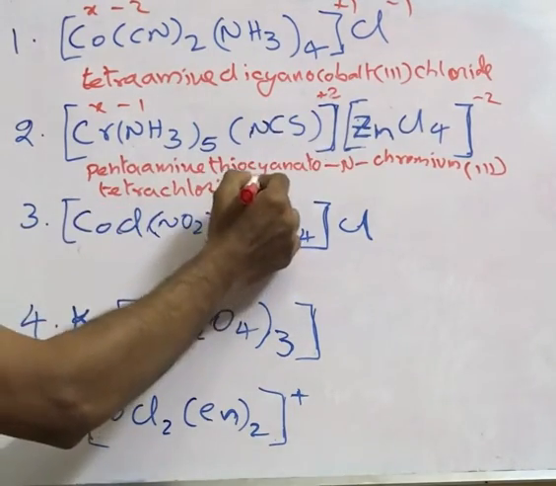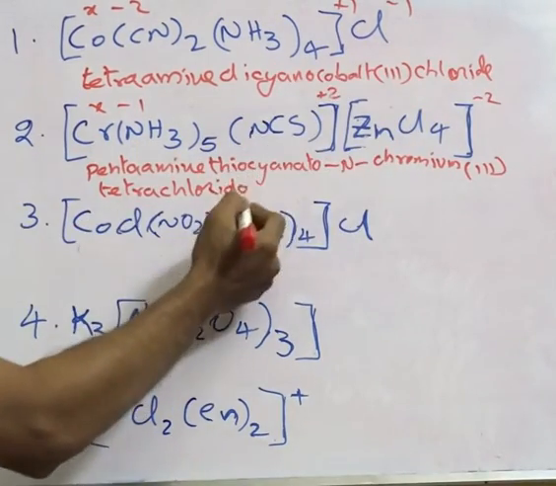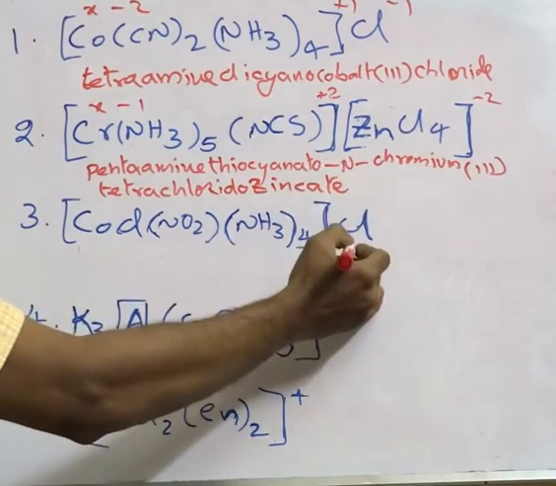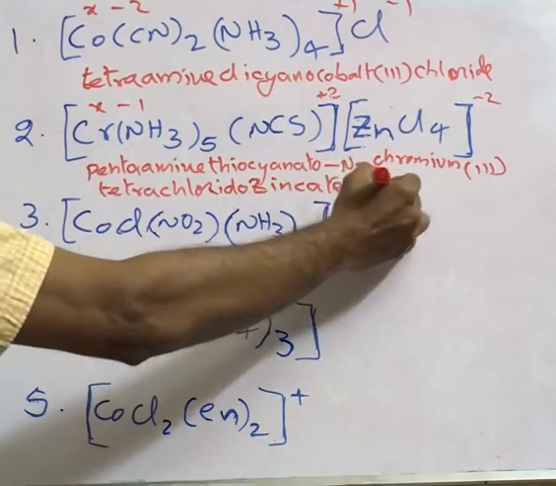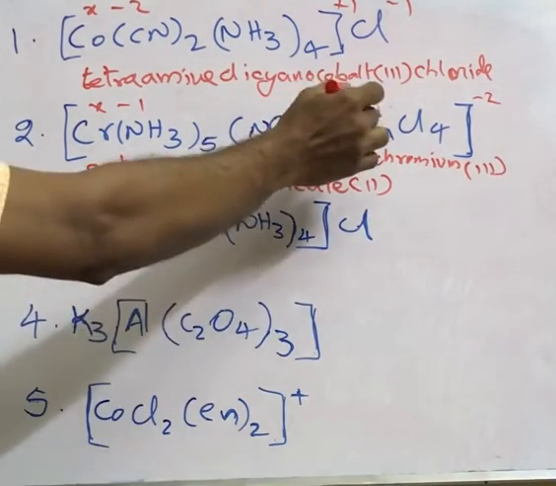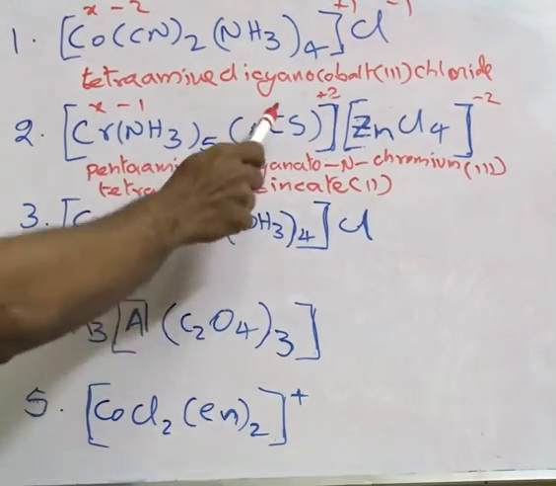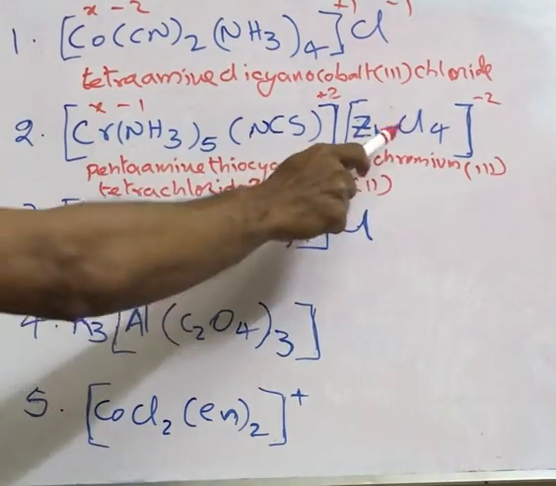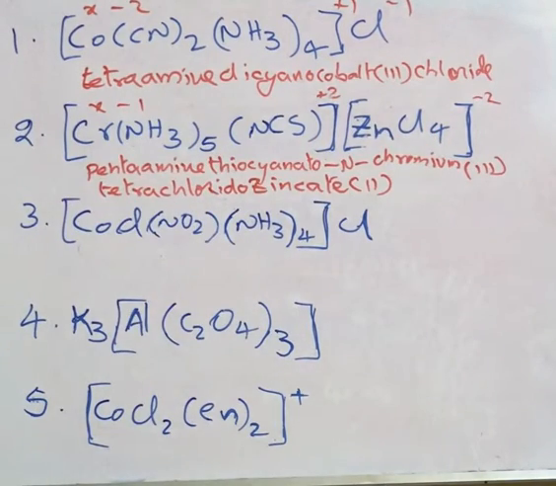When the coordination entity is an anion, the metal should be written with -ate at the end, so it is zincate. The oxidation state, you write 2 in the bracket. So zinc is +2, chromium is +3. You write pentaamine thiocyanato N chromium 3, then tetrachlorido zincate 2. That is the way we can name the particular compound.